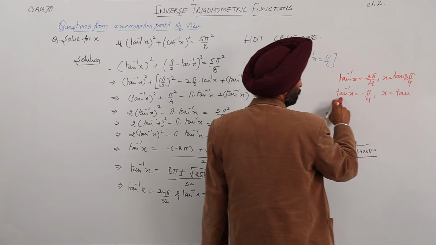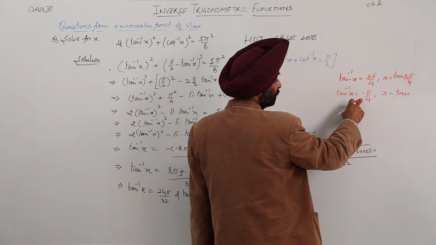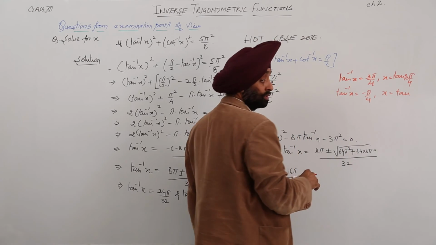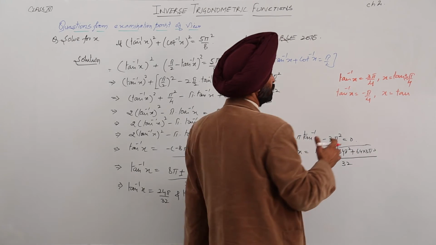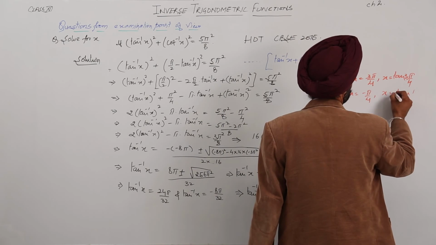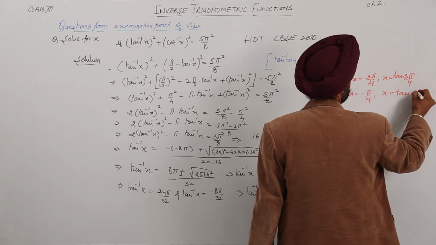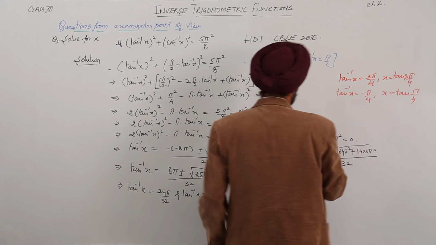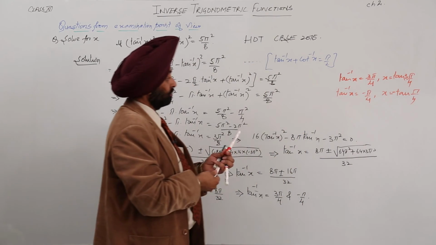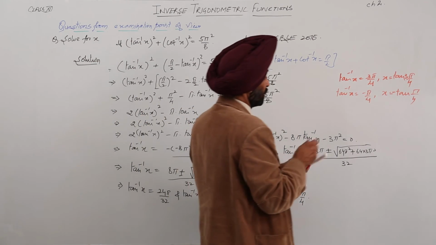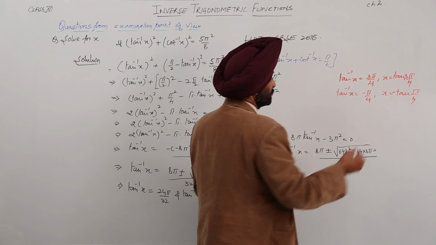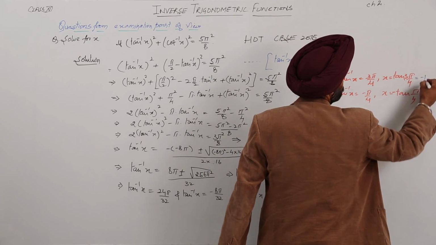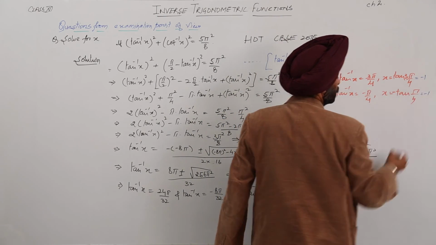Then what is x equal to? We can write x is equal to minus tan pi by 4. So for the very first part, we are having this as minus 1 and this also as minus 1.